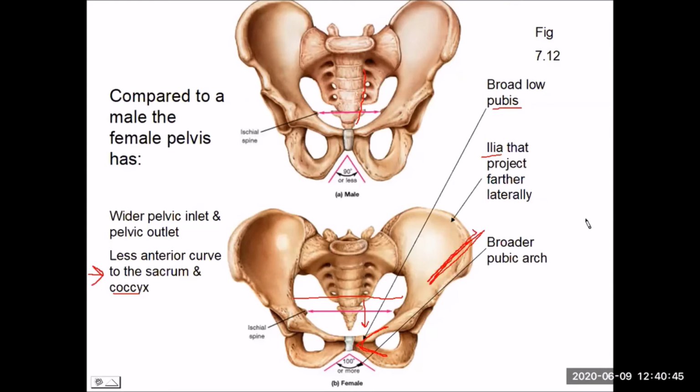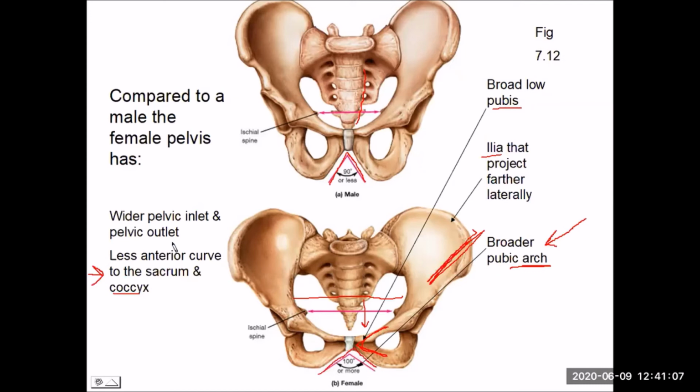Another trait that's a very obvious one is the angle between the two pubic bones, and it has the measurement here, you notice. It's a more narrow angle in the masculine pelvis, and a broader, wider angle in women.